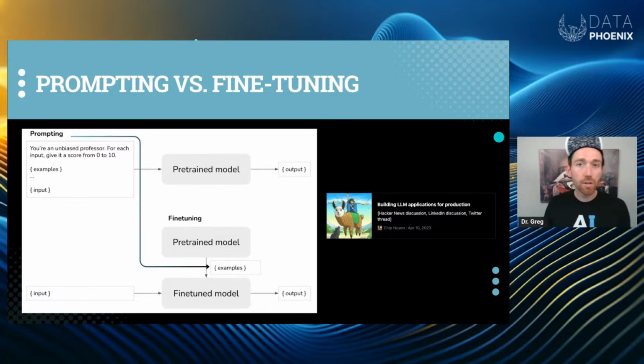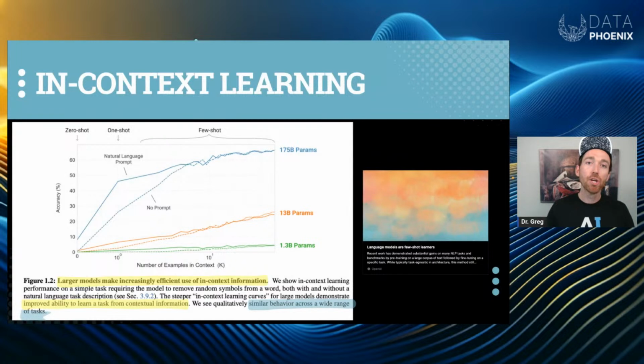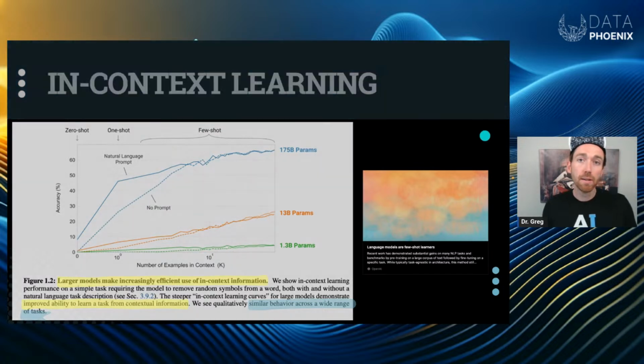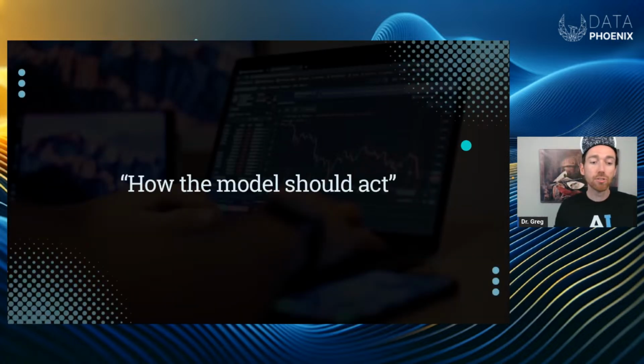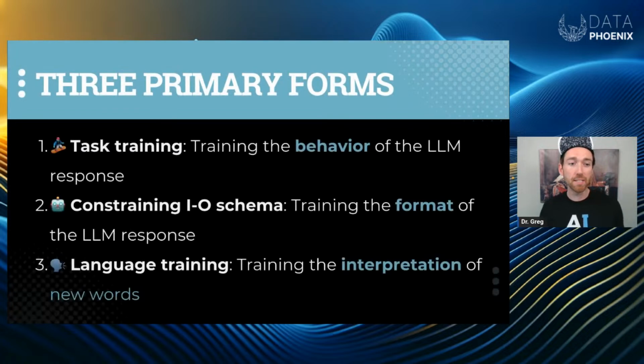In other words, we're piggybacking directly on this idea of in-context learning that fundamentally itself was born out of the ideas of fine-tuning. It's all about how the model should act. There are three primary forms of fine-tuning.